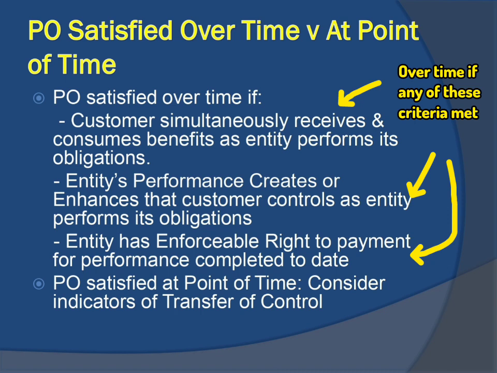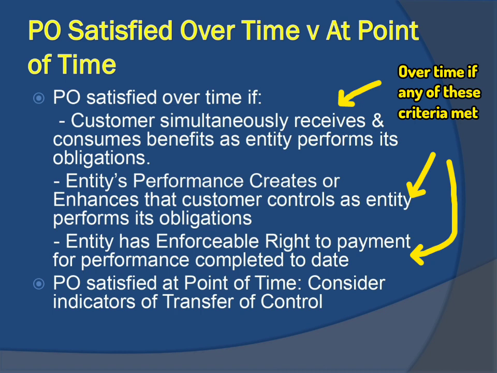The second, the entity's performance creates or enhances an asset, for example WIP, that the customer controls as the asset is created or enhanced. The third, the entity's performance does not create an asset with an alternative use to the entity, and the entity has an enforceable right to payment for performance completed to date.